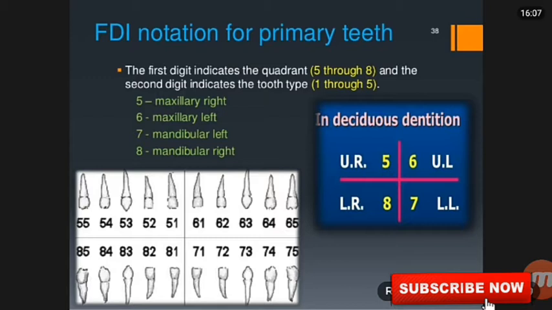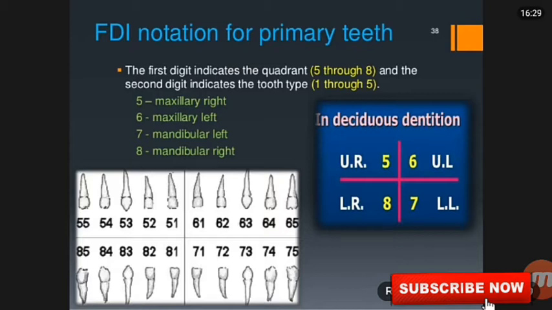For deciduous teeth, the first digit indicates the quadrant, 5 through 8, and the second digit indicates the tooth type, 1 through 5. 5 is for maxillary right, 6 for maxillary left, 7 for mandibular left, 8 for mandibular right.